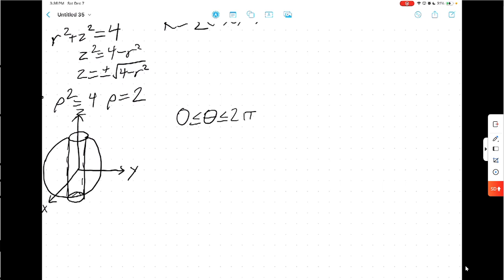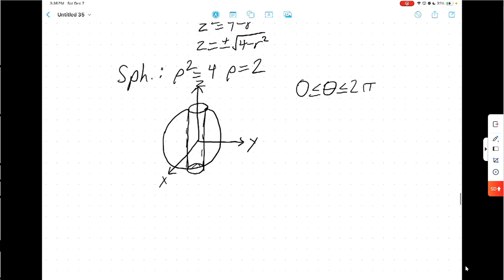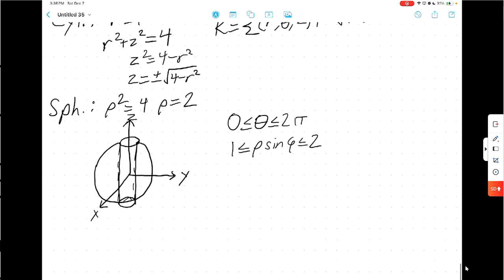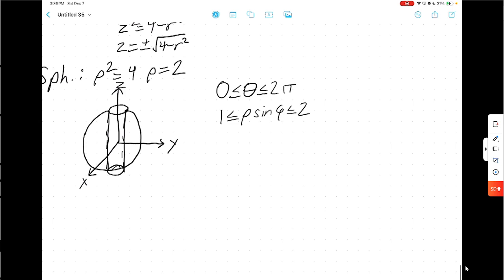Right, I need to find where this intersects. Or use the fact that 1 is less than or equal to rho sine phi, which is less than or equal to 2. Just give me 1 second, I need to figure this out.